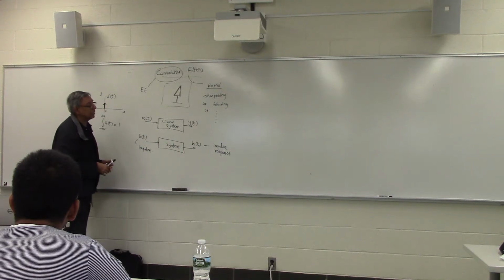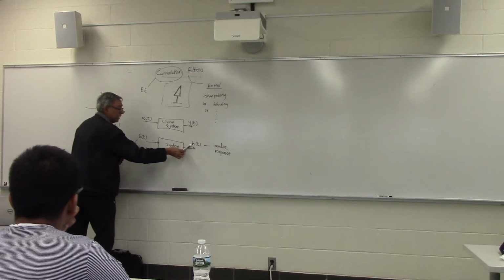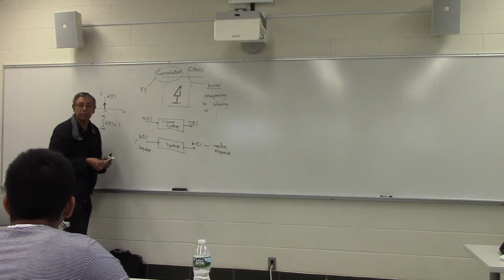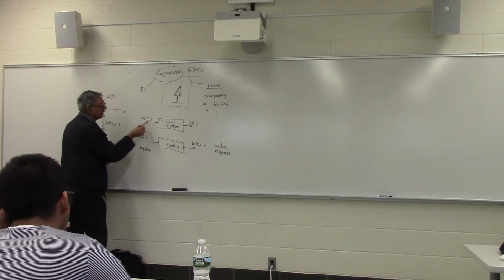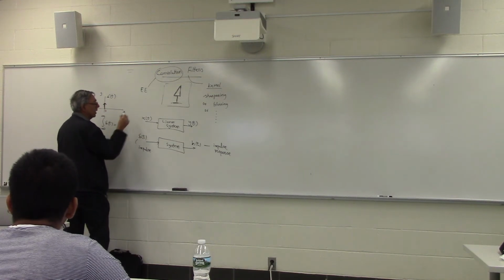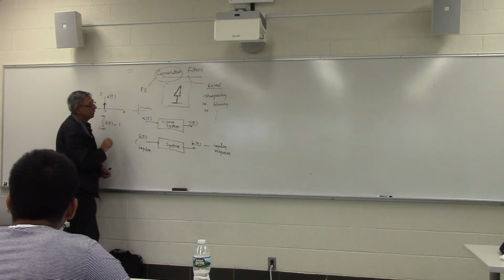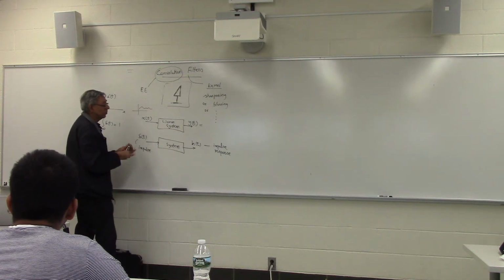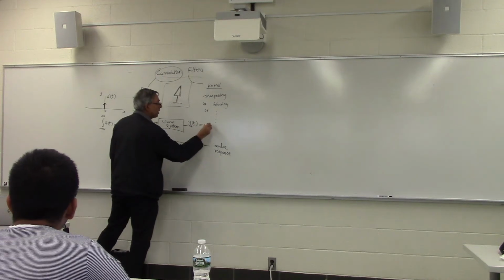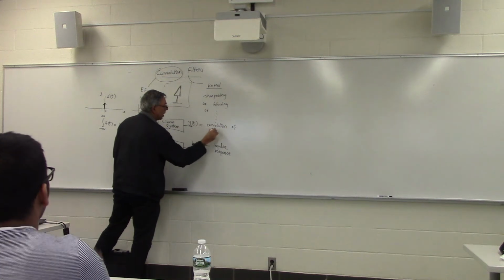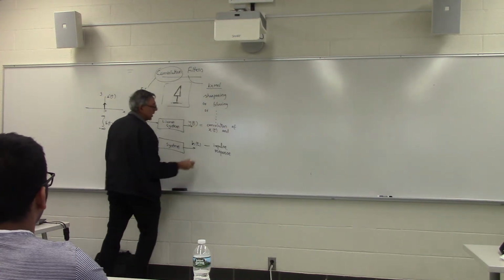All systems in nature behave such that if h of t is the output when we gave delta of t as an input, then if we give it any other input, not delta of t but some signal which may look like anything, then the output is always a convolution of x of t and h of t.